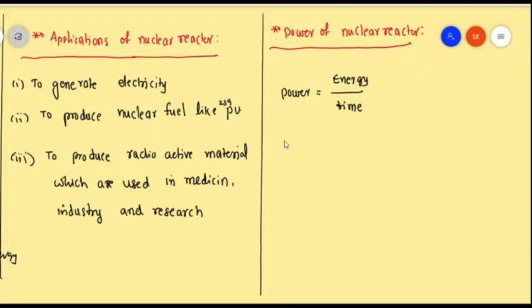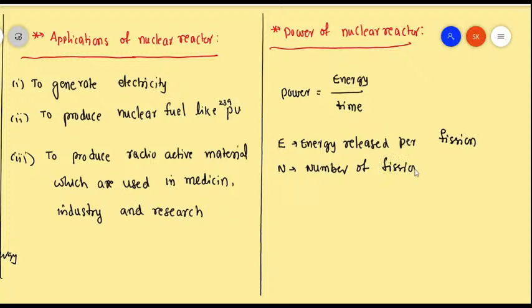For example, E is the energy released per fission, and N is the number of fissions in time t. Energy released per fission means how much energy is released in one fission. That is E. The number of fissions in time t is N.